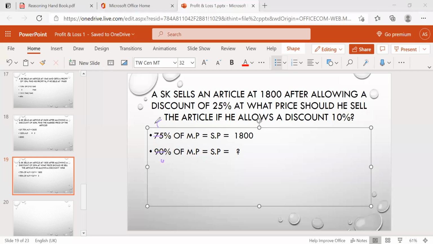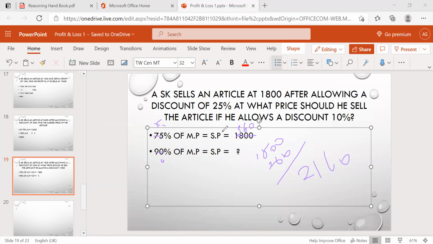Then 5 1s is 5, 3 18, and 15 means remaining 360, into 6. 360 into 6 is 1,800, and 360, so 1,800 plus 360 is 2,160. Am I right? Just calculate this one, then you will get the answer.